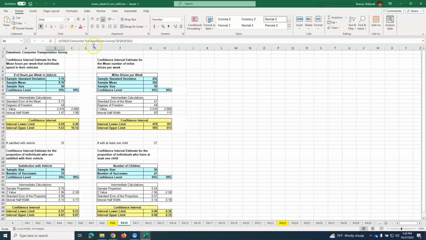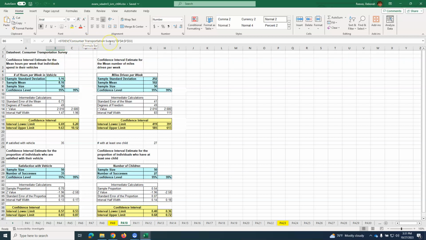So all you're calculating is a standard deviation here. Again, it's always a good idea to put in the dollar signs, even though here it's not going to matter for this particular calculation. You want to lock in the cells so that if I copy this down, they are set and do not change.